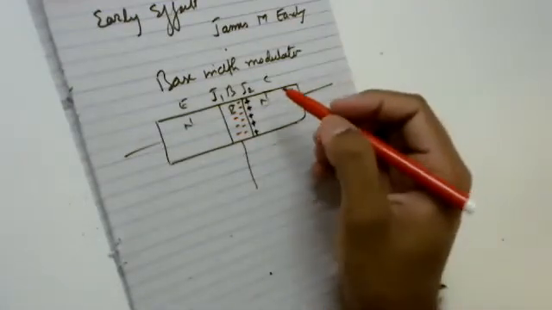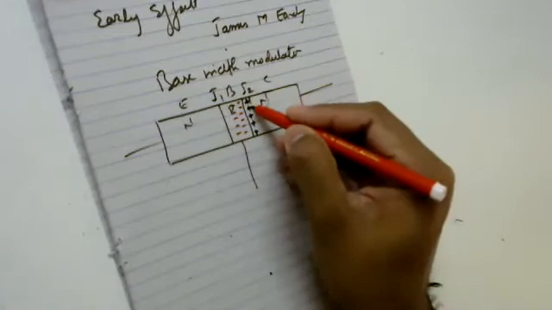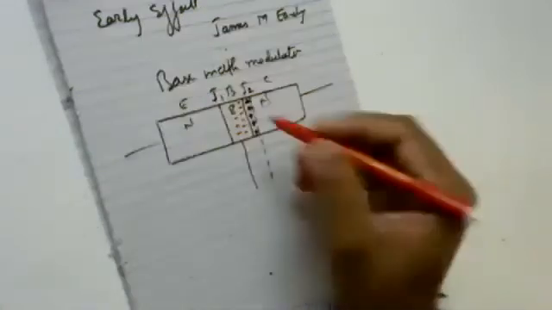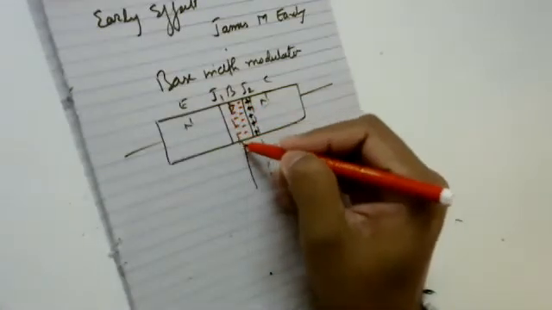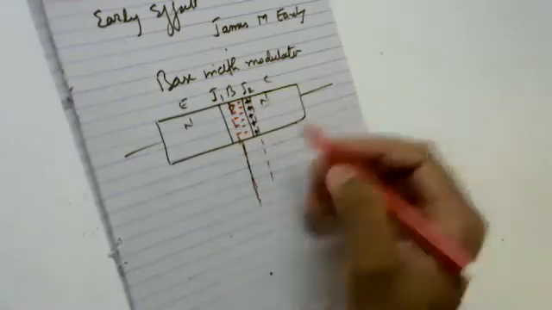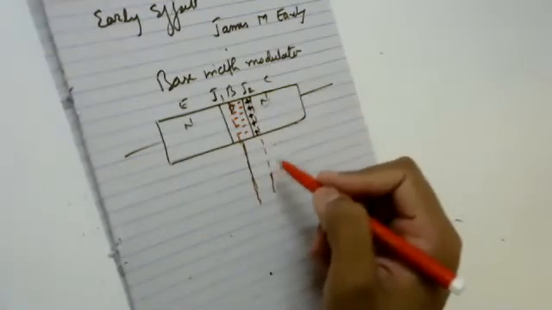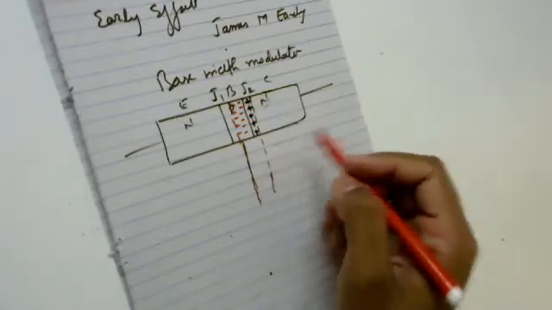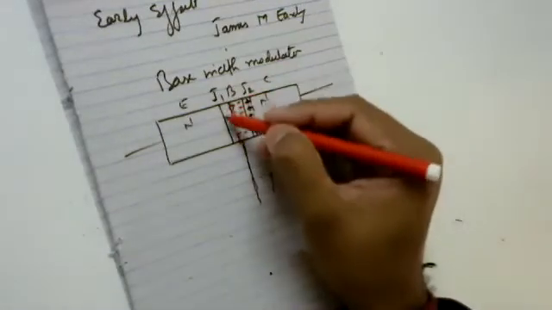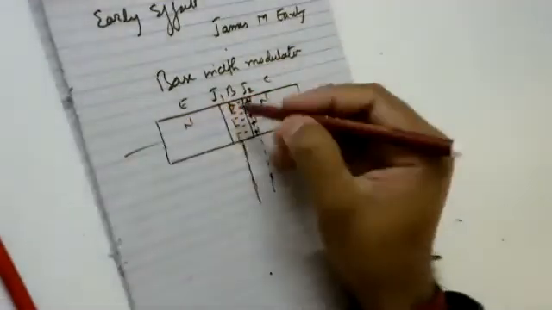If I draw a line of this junction, here I can see that this is the width of my junction. This is my junction J1. If you want, I can draw it a little bit thicker.